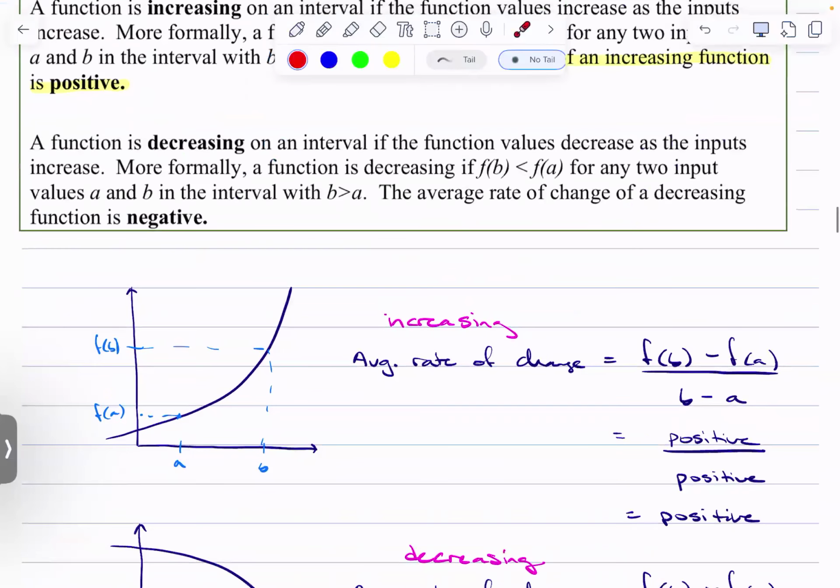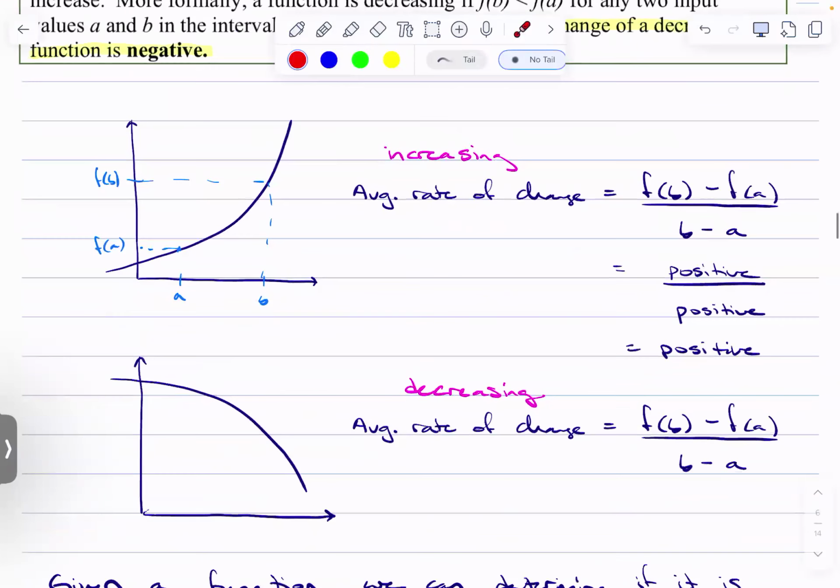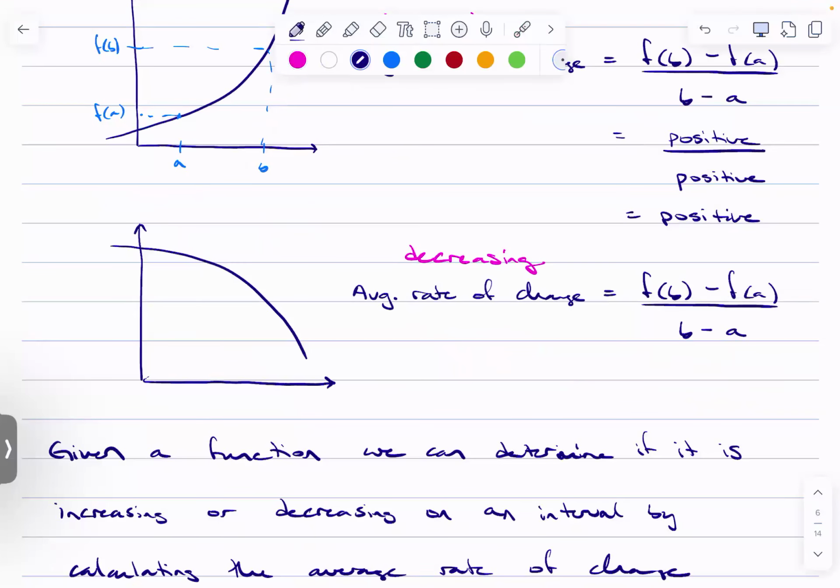Whereas if you have a decreasing function, then what you'll find is that the decreasing function is negative. So again, we're going to force b to be greater than a, so from a to b.